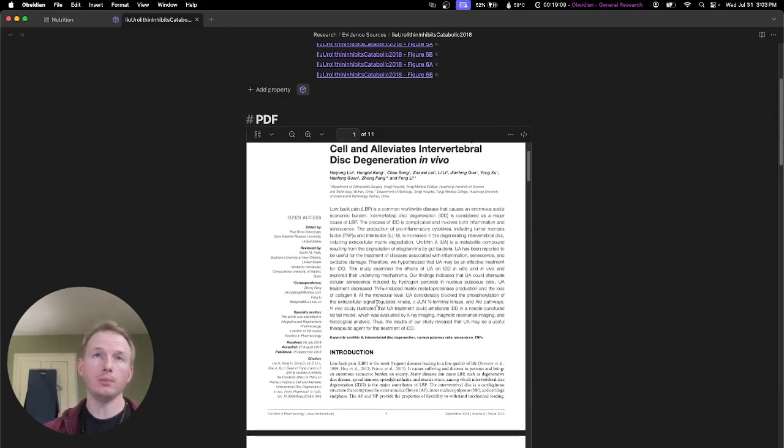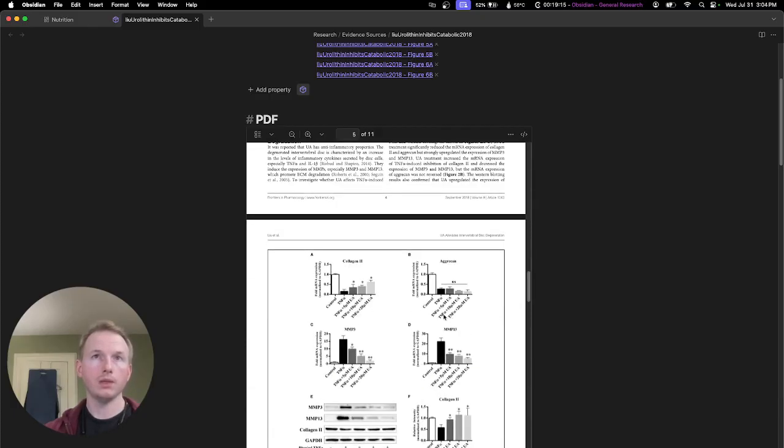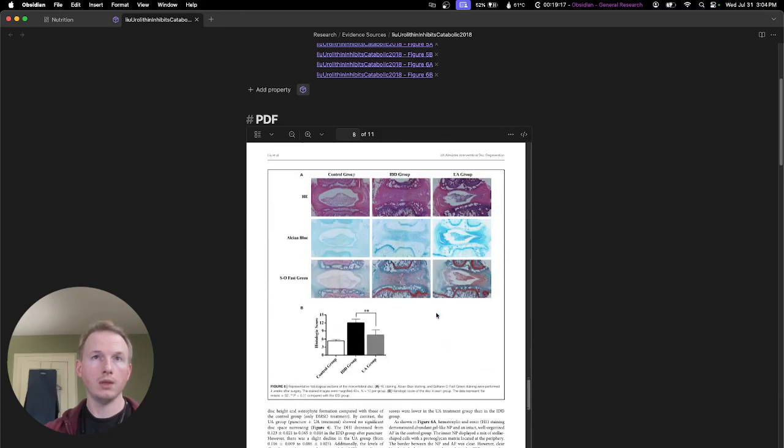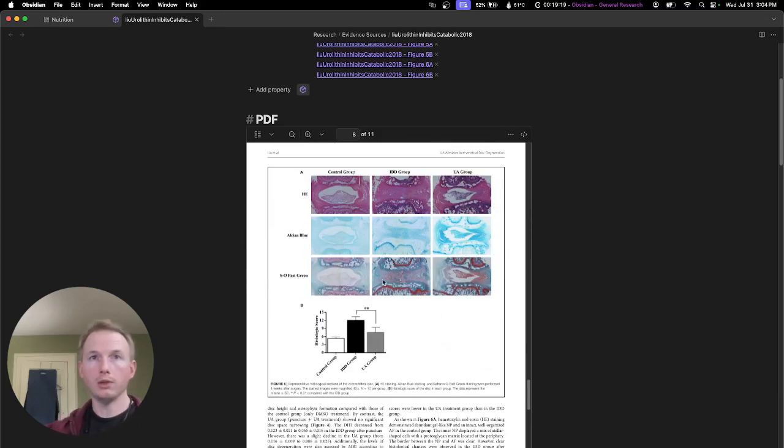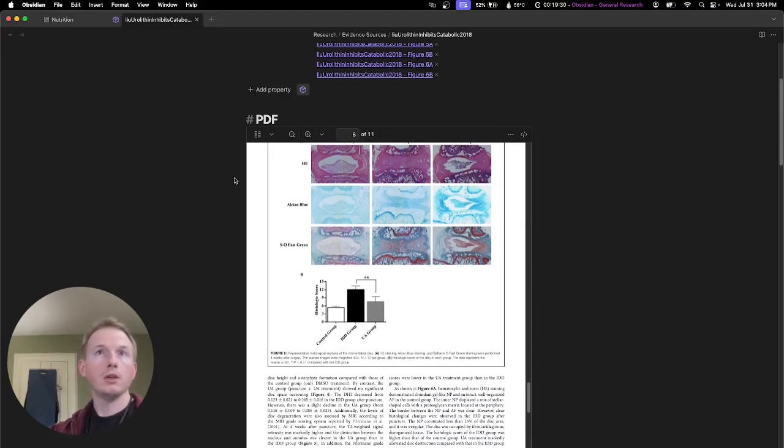Unfortunately, it's not in humans, but at least in the rat model, they can see outcomes in terms of, I believe it's a puncture model, and they can see the progression of disc degeneration after puncturing a disc, and the results are promising.